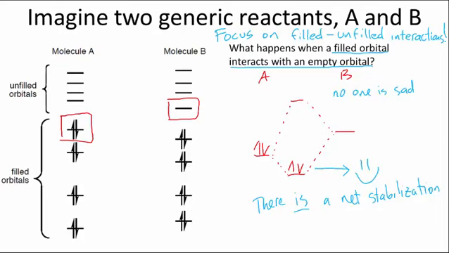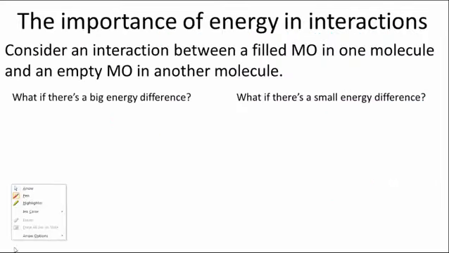So if I were to consider the interaction between, say, so if there's a big energy difference, like you have your filled orbital here and your unfilled orbital way up here. Now when they interact, well, the filled orbital gets stabilized a little bit.